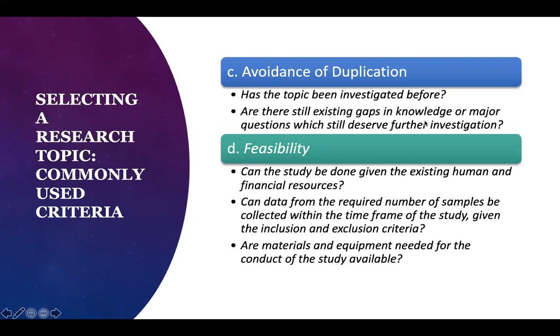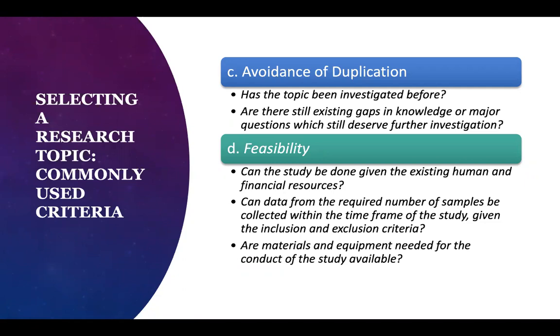Another factor to consider is avoidance of duplication. Has it been investigated before? Are there still existing gaps in knowledge or major questions which still deserve further investigation? So, if it has already been explored, most probably we should not do it.